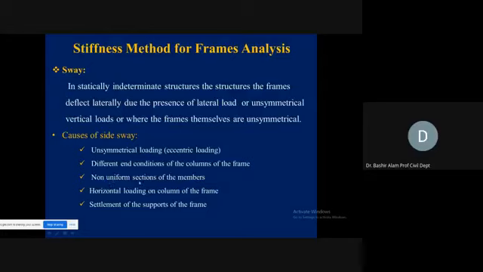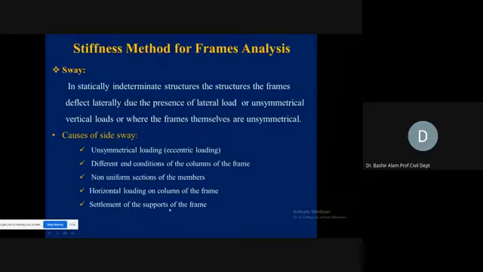Third reason can be non-uniform sections of the members. One column, let's say, has I, the other column has 2I. Again, it is unsymmetry. So if the geometry is unsymmetrical, there are chances of side sway. Fourth, horizontal loading on the columns of the frame will cause displacement.